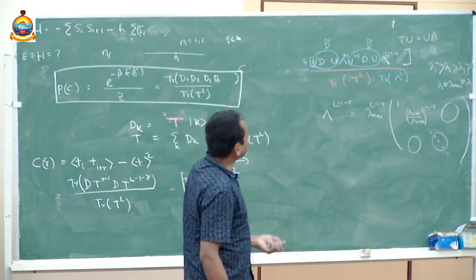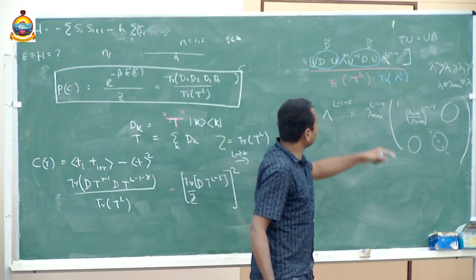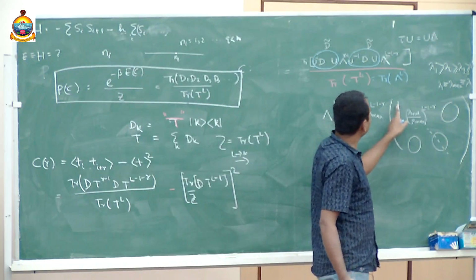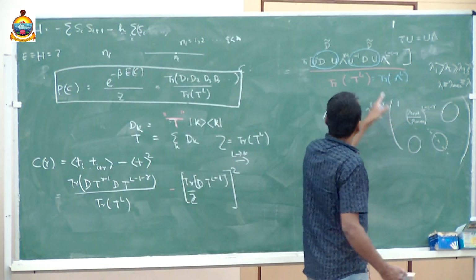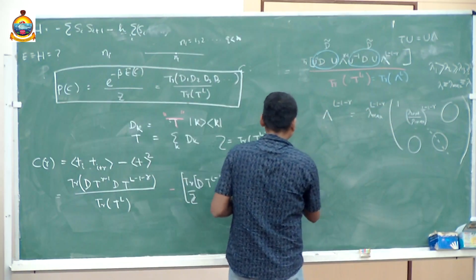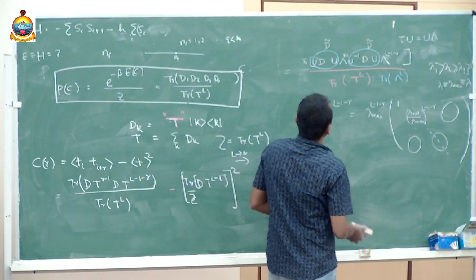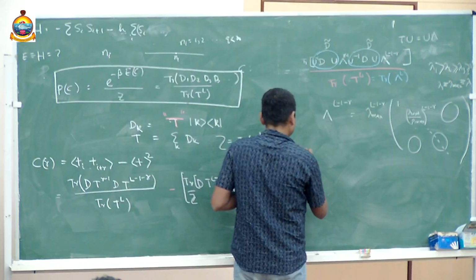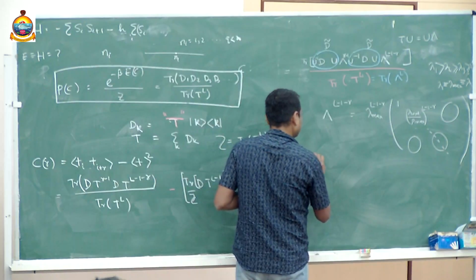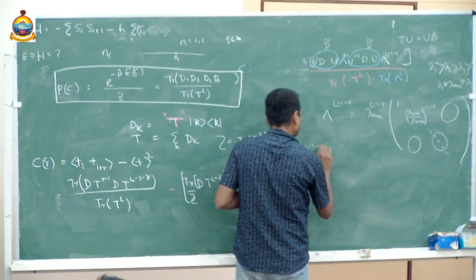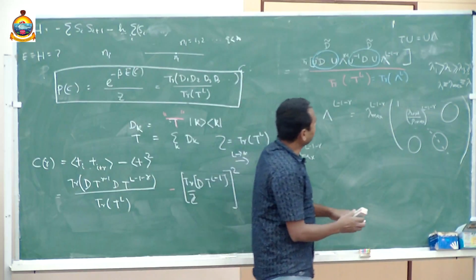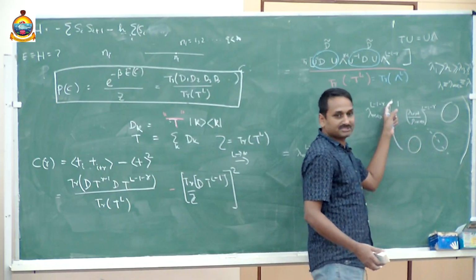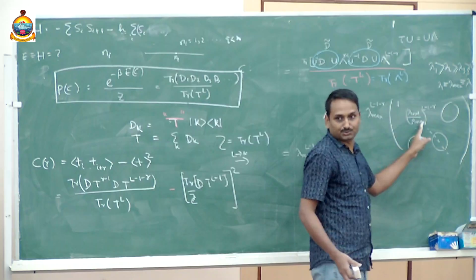So now let us rewrite this. What is the first one? I just take this. So this is equal to lambda max to the power l minus 1 minus r, this term is there, and I write these two terms, all other terms are 0. This is just the 1 1 term and this is the 2 2 term.